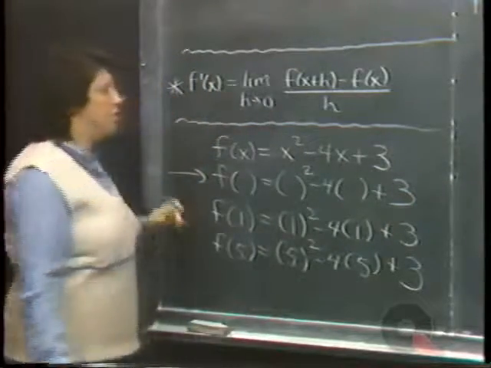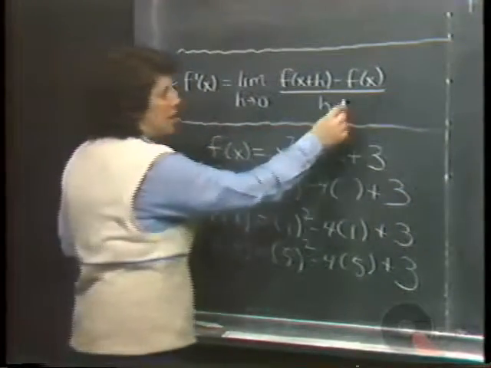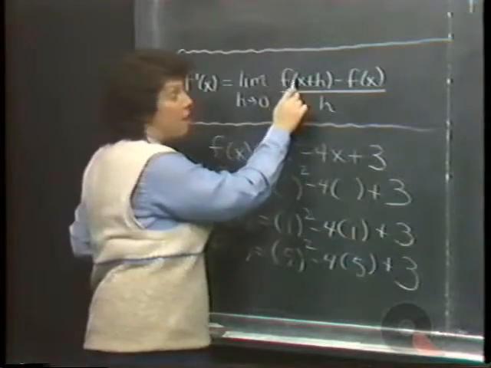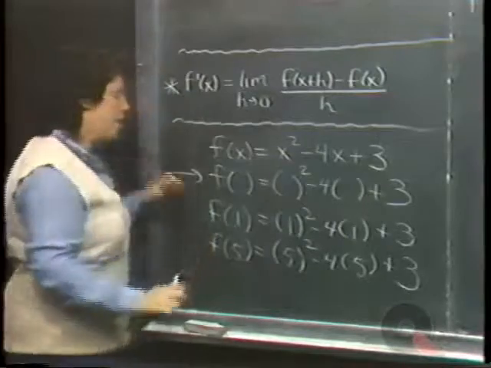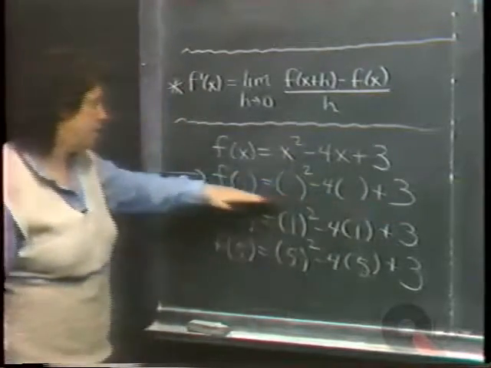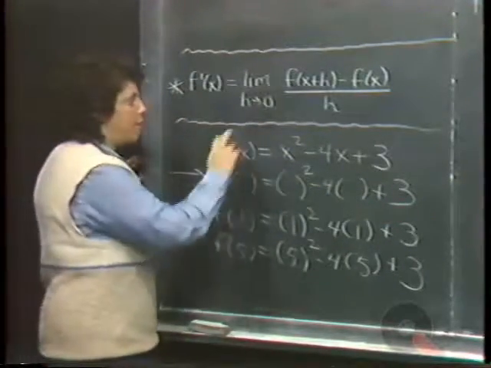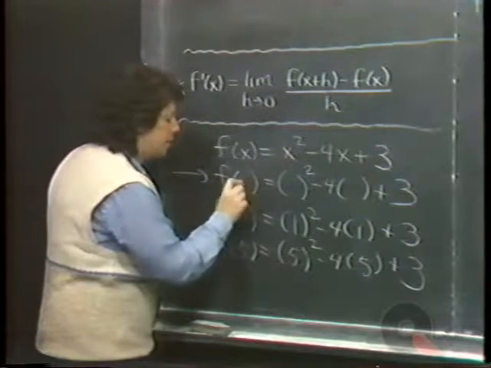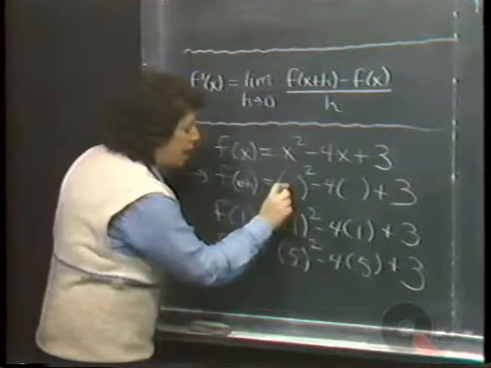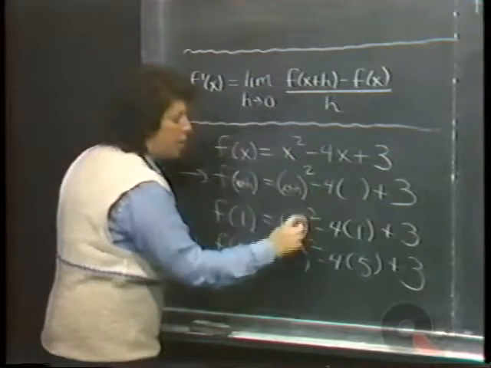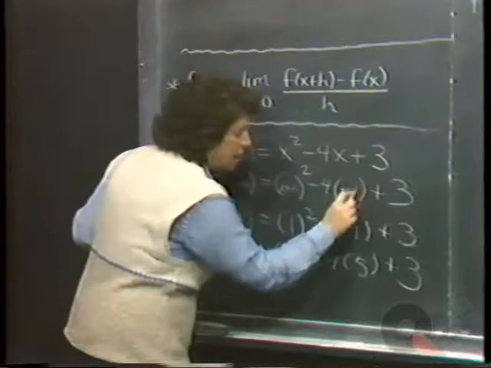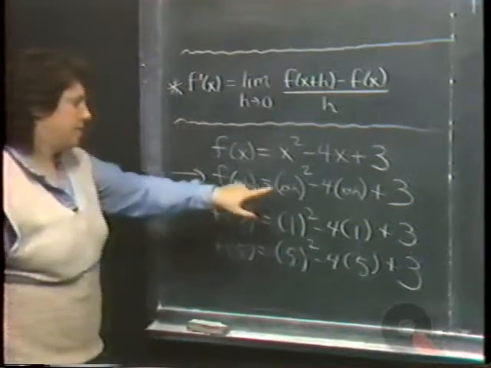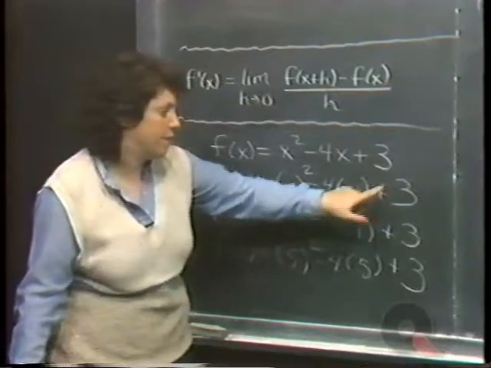Now let's look at the definition of the derivative. We're going to need f of x, but that's what you're given originally. We're going to need f of x plus h. Now, if you rewrite the function with parentheses replacing x, then you'll be able to substitute in x plus h. f of x plus h would be accordingly (x plus h) quantity squared minus 4 times (x plus h) in parentheses plus 3. f of anything is that something squared minus 4 times that something plus 3.